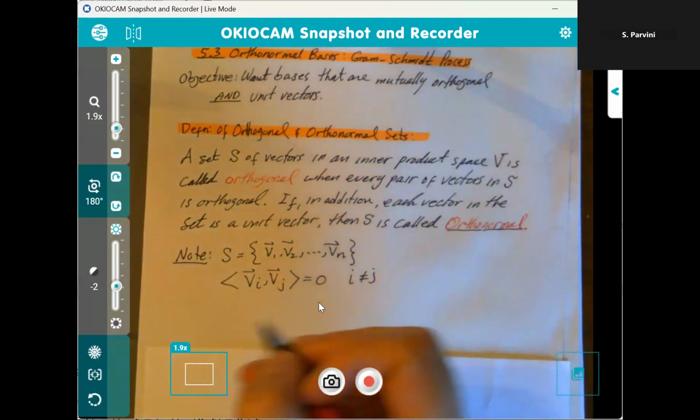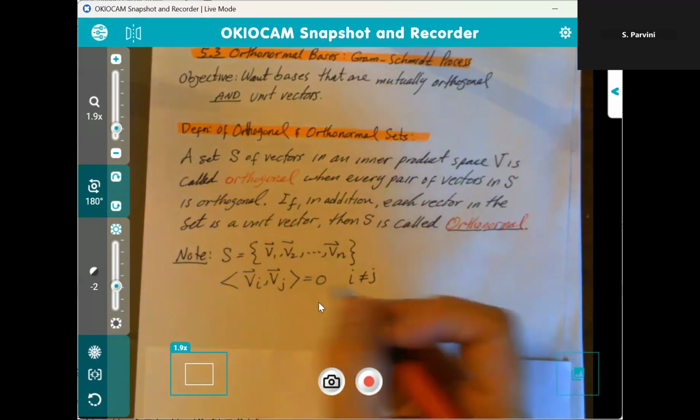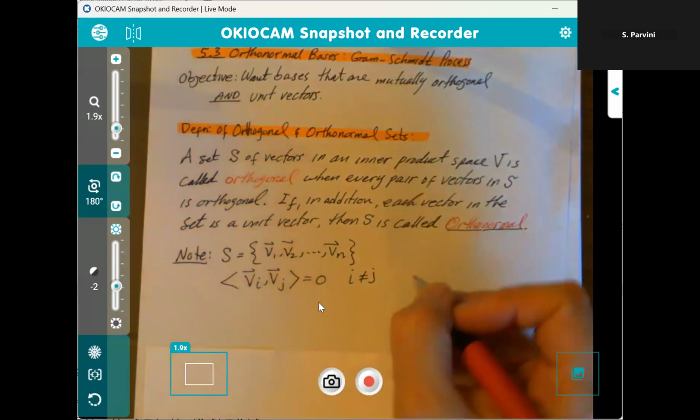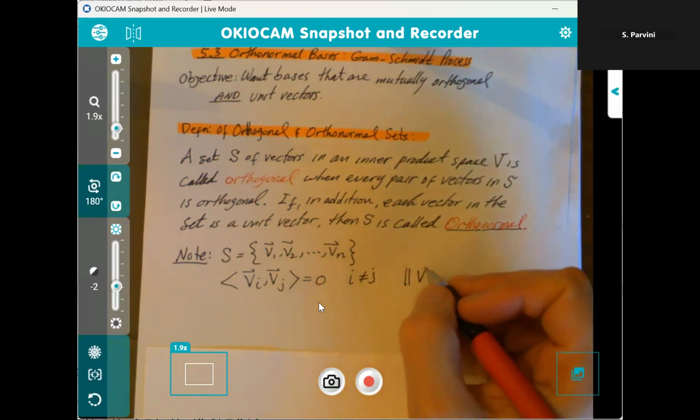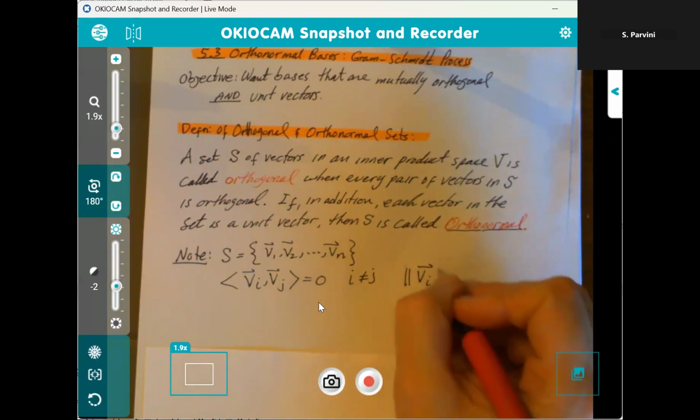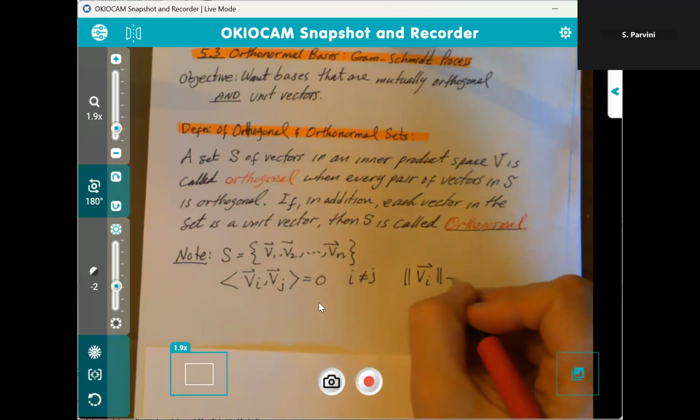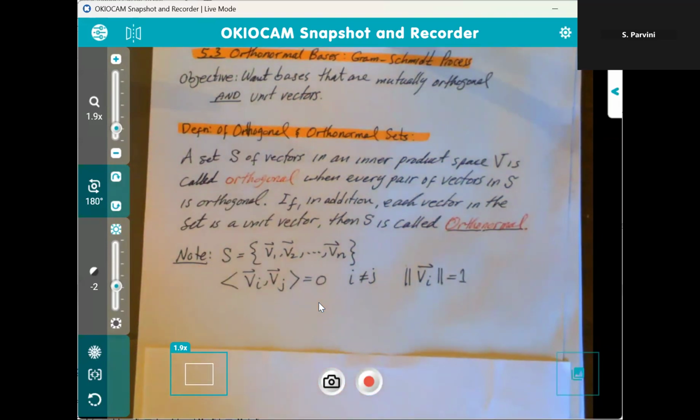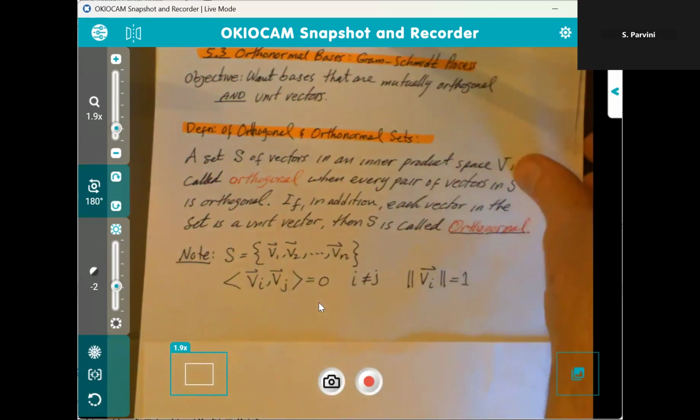So for the normal part, the magnitude of any one of these vectors has to be 1. If these two conditions hold, then we have what we call an orthonormal basis for the vector space.